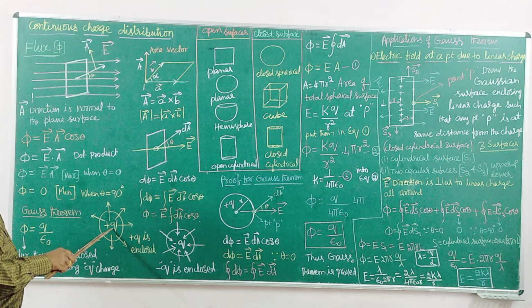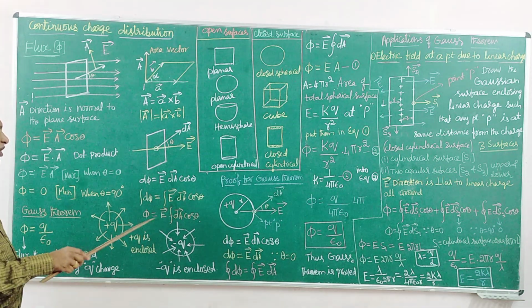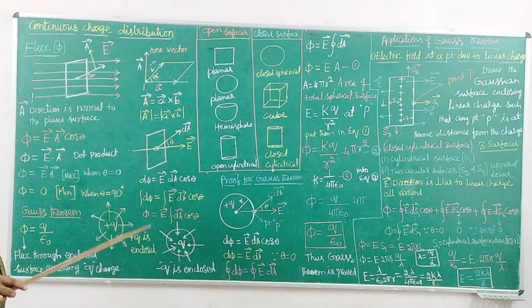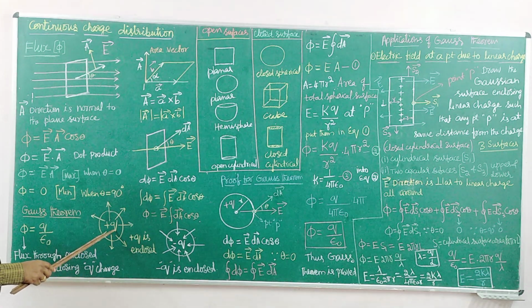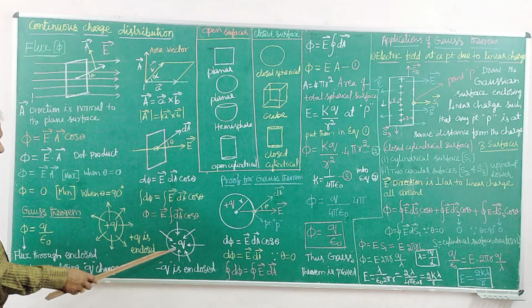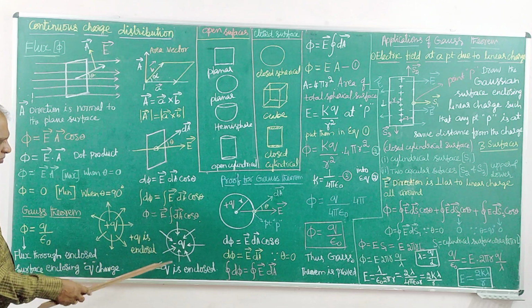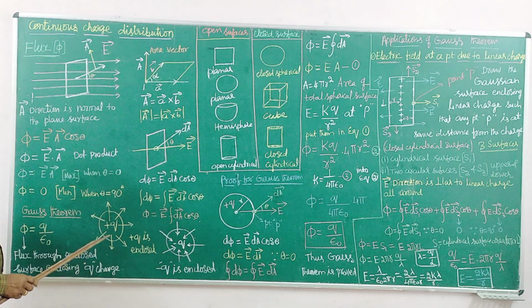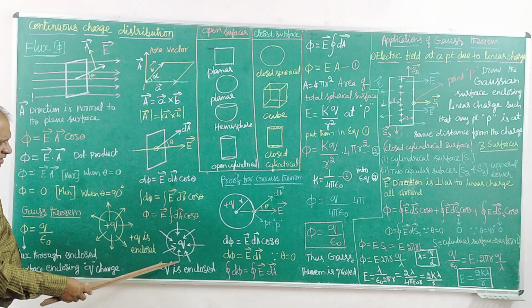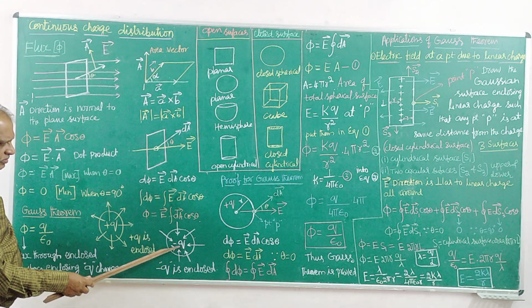What will happen? There is an electric field. The field direction may be away from this space or towards this space, like this spherical closed surface. Away because of a positive charge; electric lines or electric field towards this space because of minus q.